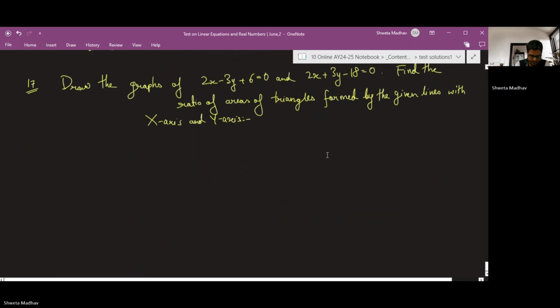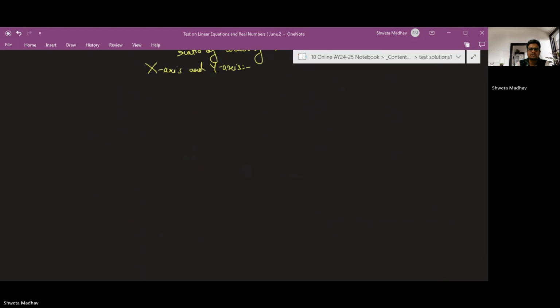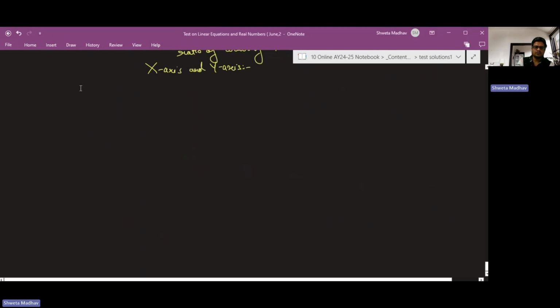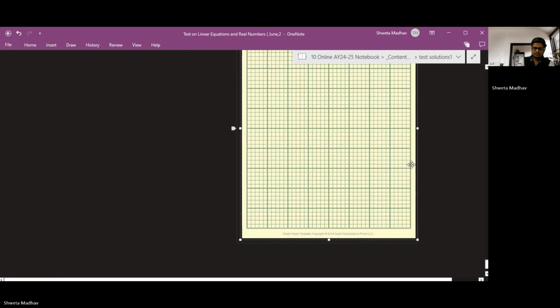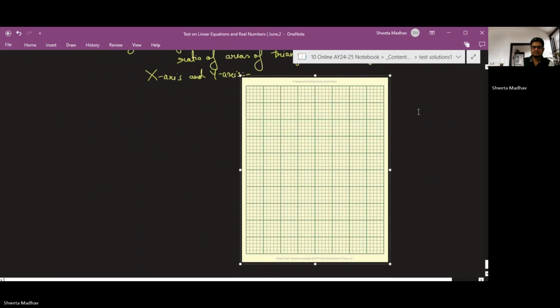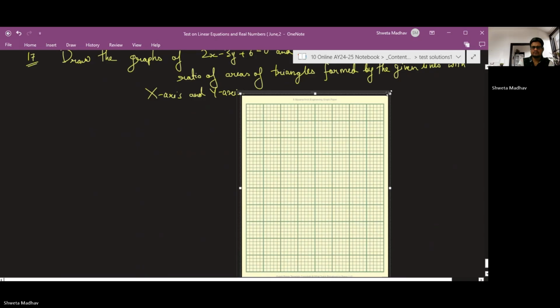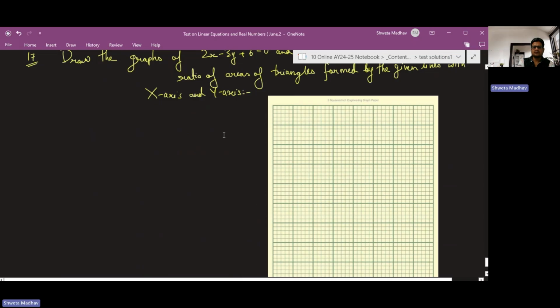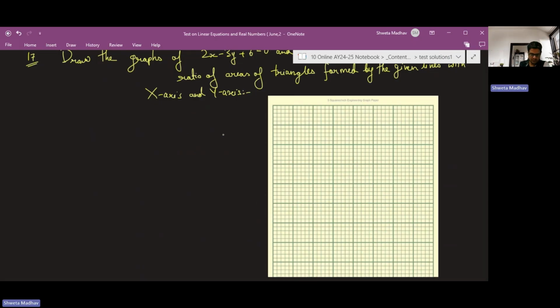So here we need to draw a graph. We have to draw the graphs of the lines.